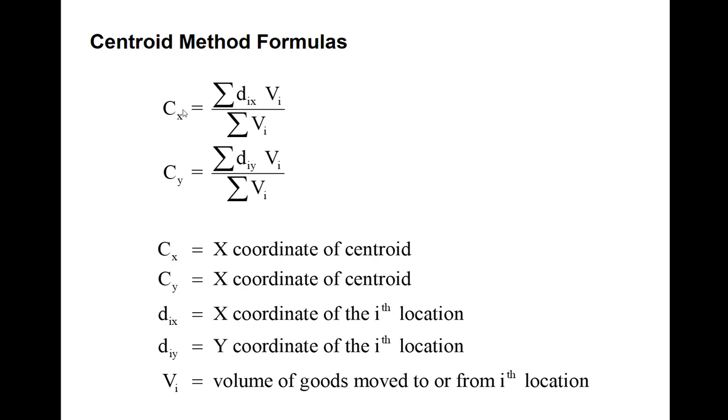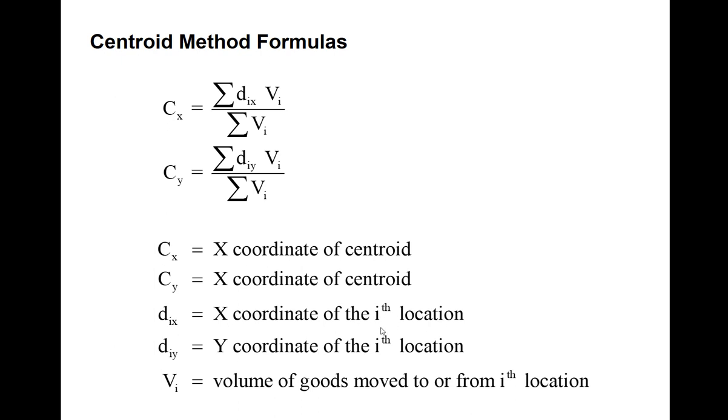So we have two formulas to calculate the central x value and the central y value. For the x, we need to sum all the distances times the demand. The V here stands for the value of the goods, so the number of goods moved to the i location. And the small d_ix stands for the x coordinate of the i location.